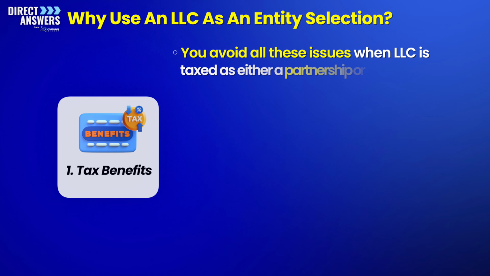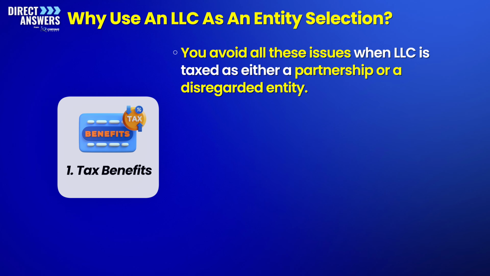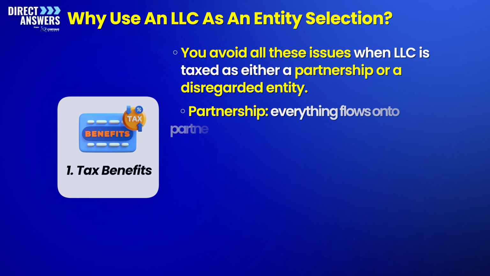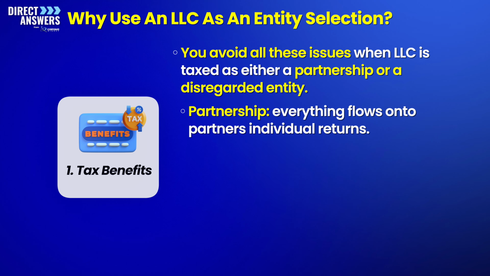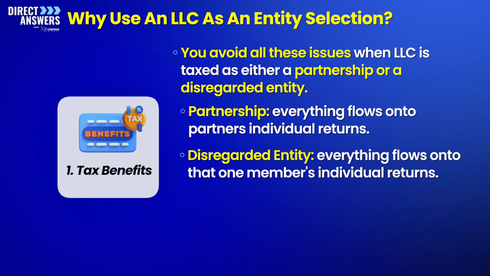However, you avoid all these issues if the LLC is either taxed as a partnership or a disregarded entity. Because in that situation, if it's taxed as a partnership, everything just flows onto the partners' individual returns. And if it's taxed as a disregarded entity, everything flows onto that one member's individual returns.